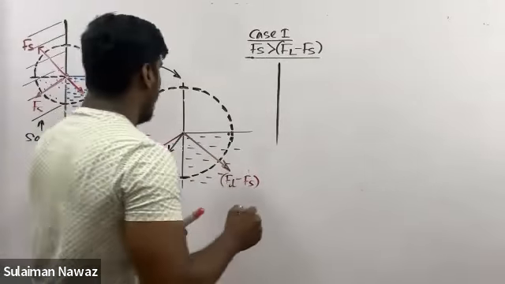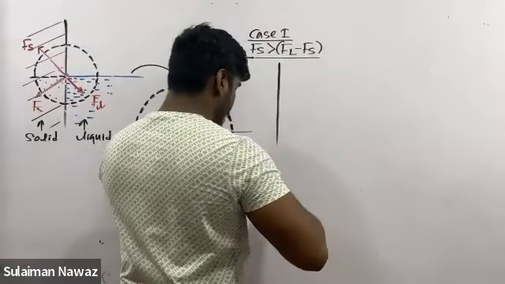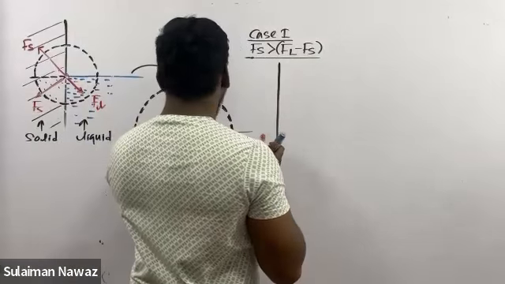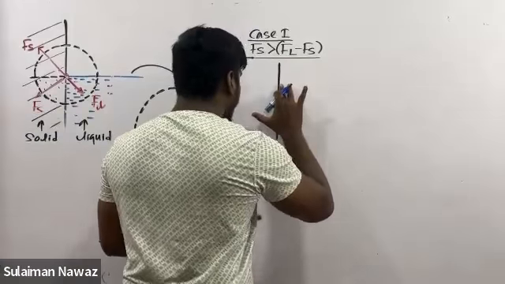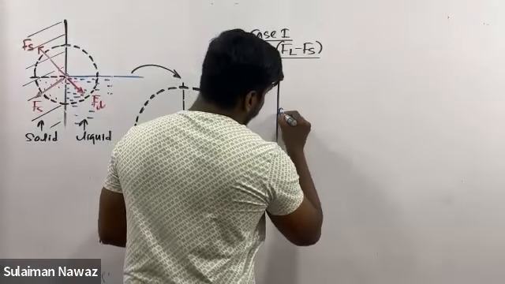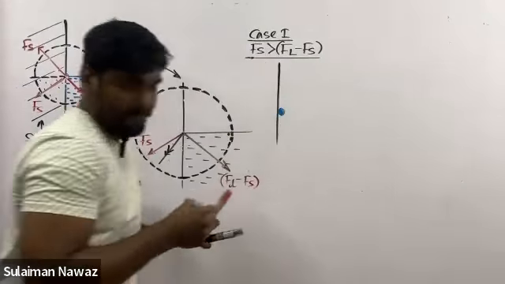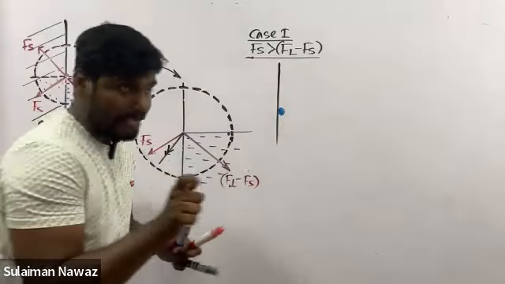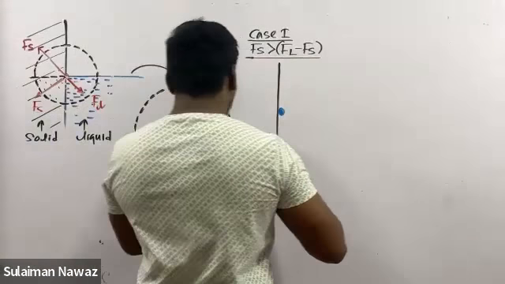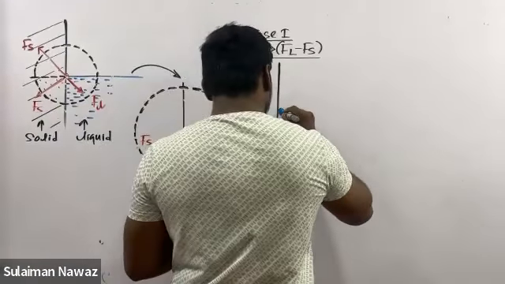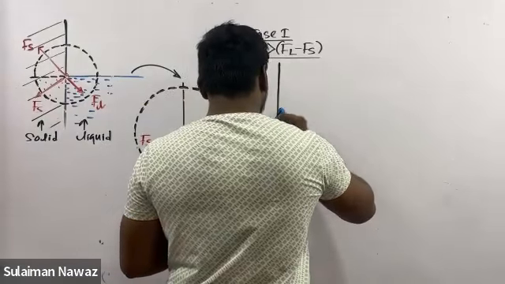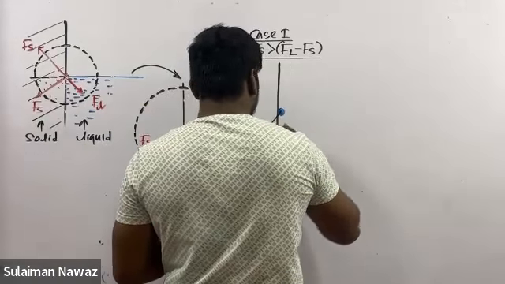This is your liquid surface, and this is your liquid particle A. What is the resultant force acting on liquid particle A? It is in this direction.